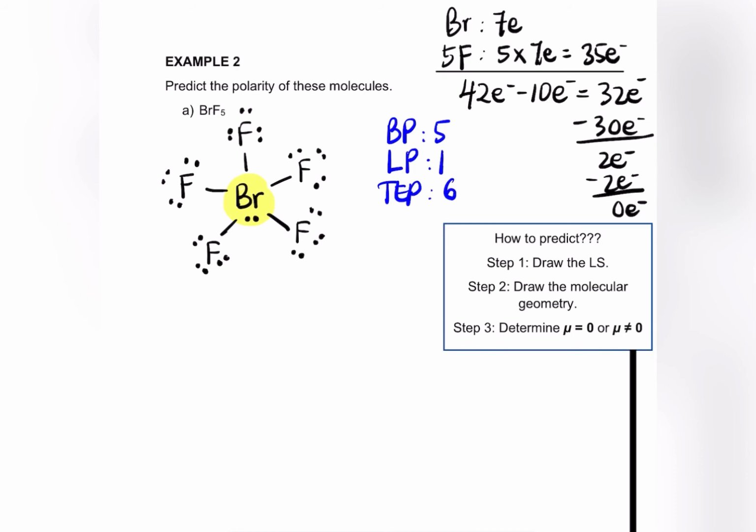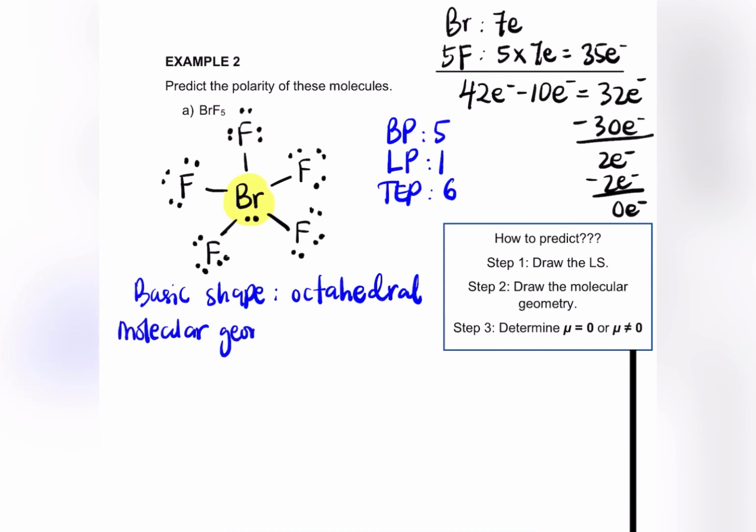So your basic shape adalah, dalam kes ini, ialah octahedral, kerana total electron pair awak adalah 6. But due to the existence of one lone pair here, your molecular geometry is going to change from basic shape octahedral kepada square pyramidal.